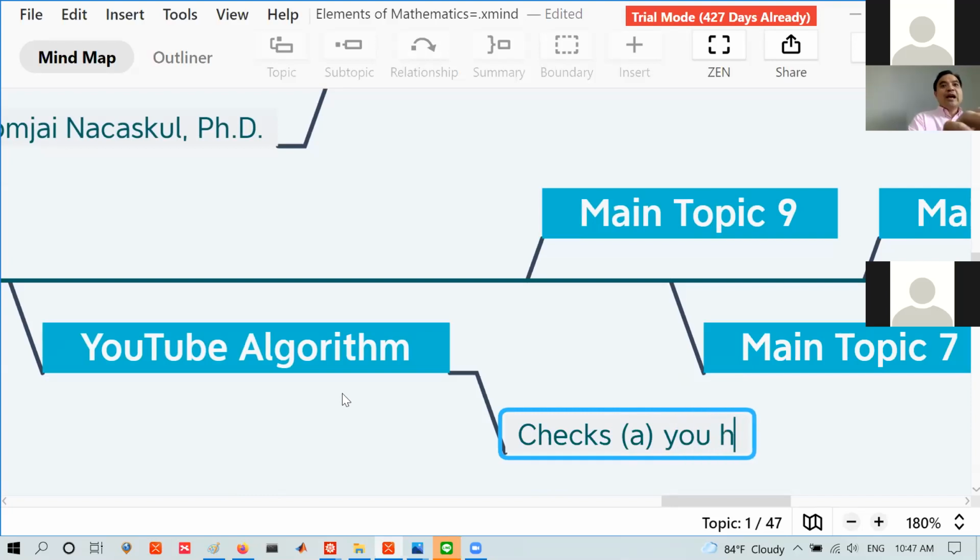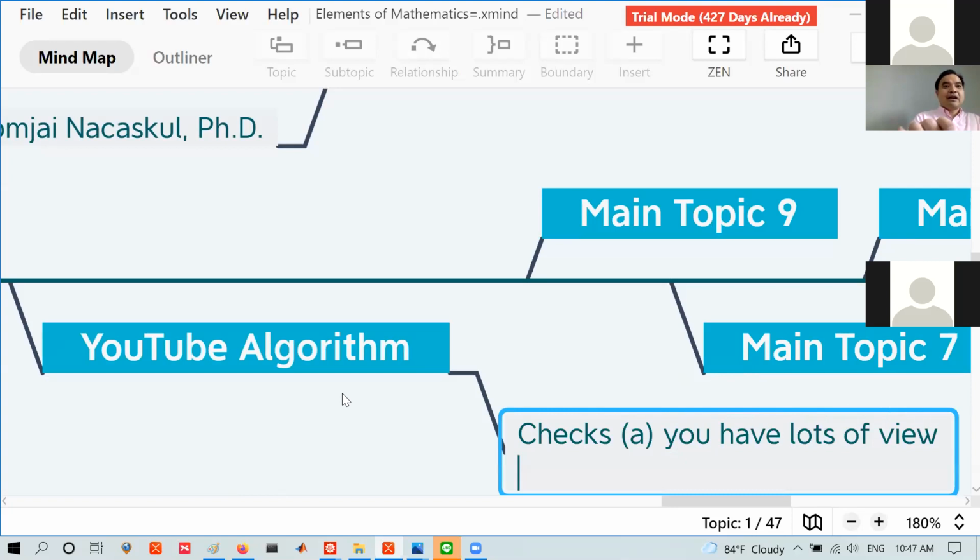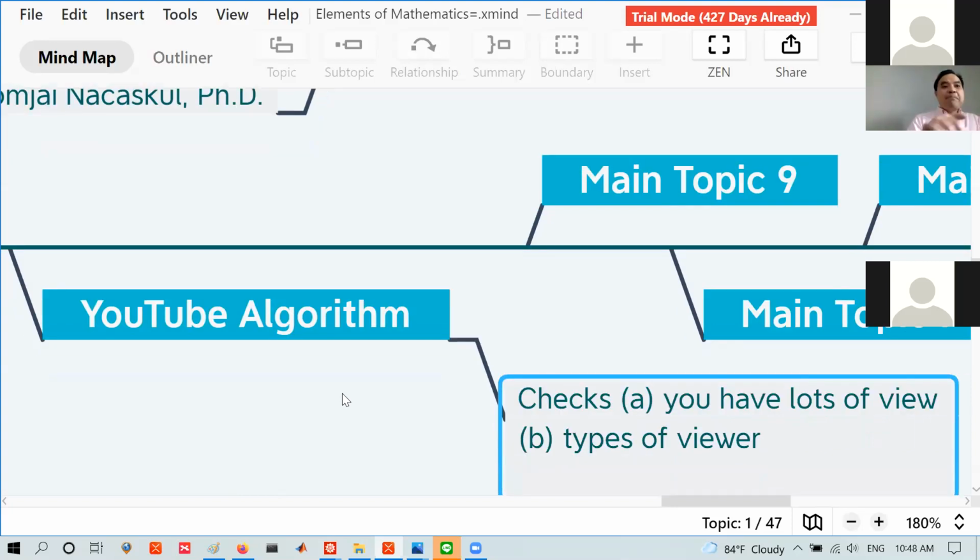You have lots of viewers, and types of viewers, and based on this, it does a whole bunch of if, then, and, or, a little bit like Boolean logic.